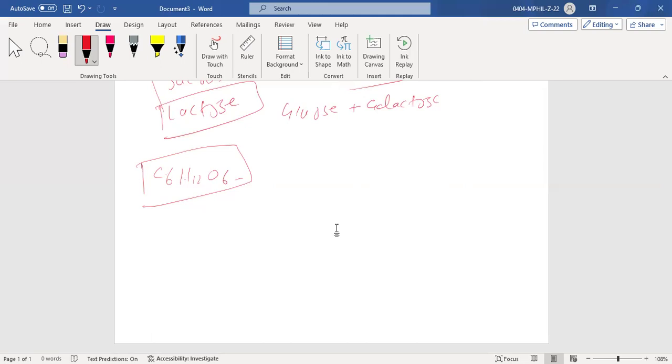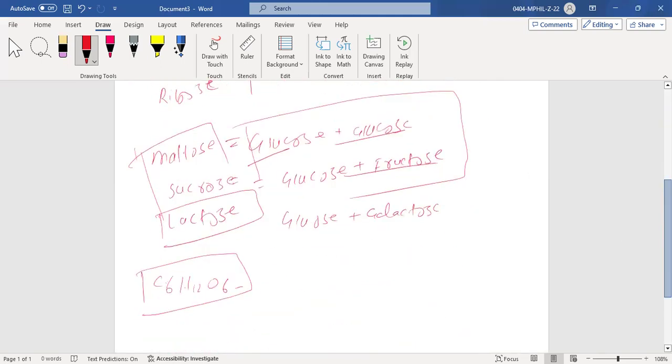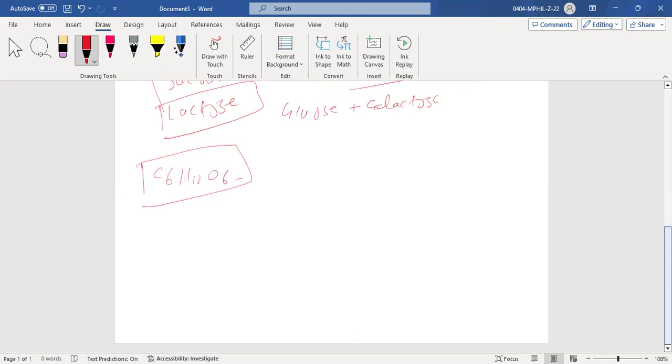For example, you have the glucose, C6H12O6.